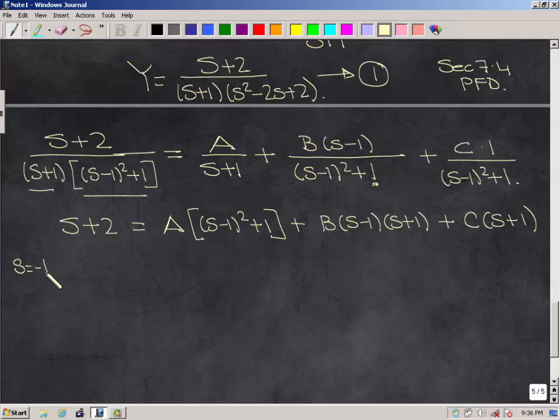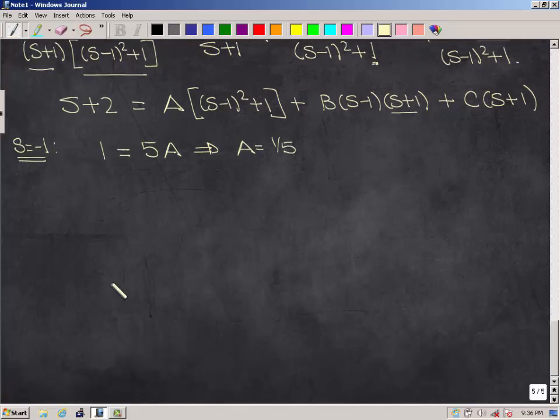So let's set s to negative 1. So we get 1 on the left. Out here we get negative 1 minus 1 is negative 2. Negative 2 squared is 4. 4 plus 1 is 5. So I get 5a. And because we have negative 1 here, this will be 0, this will be 0. So this tells me that a is equal to 1/5.